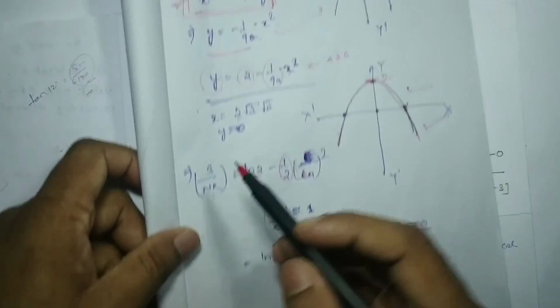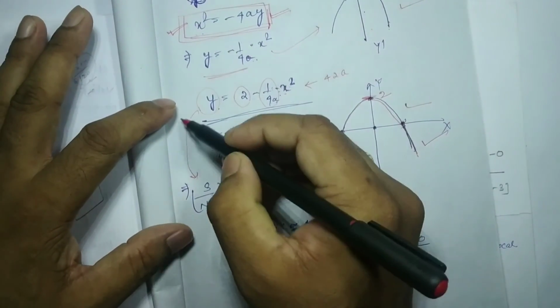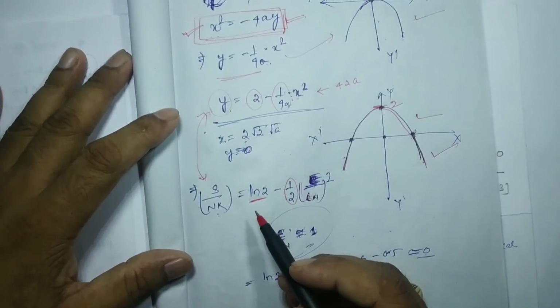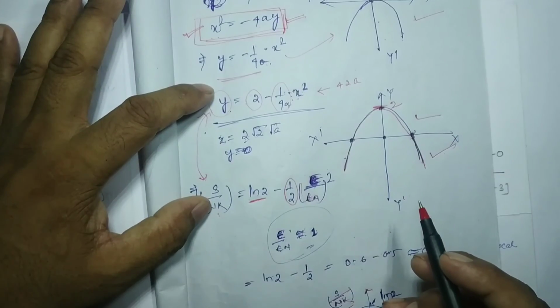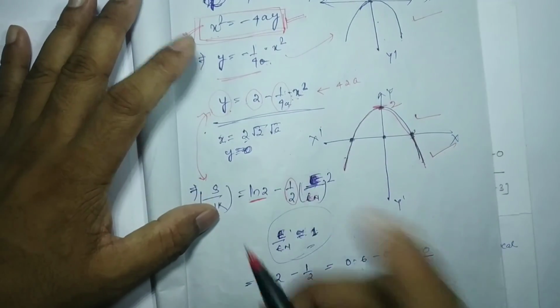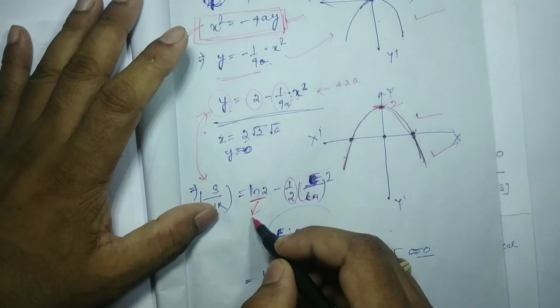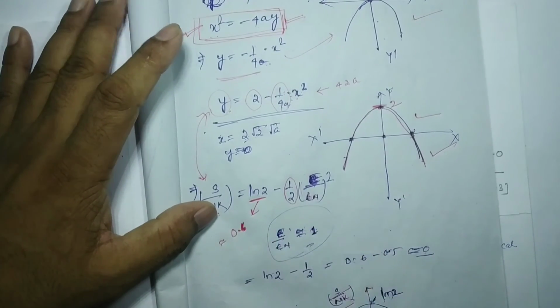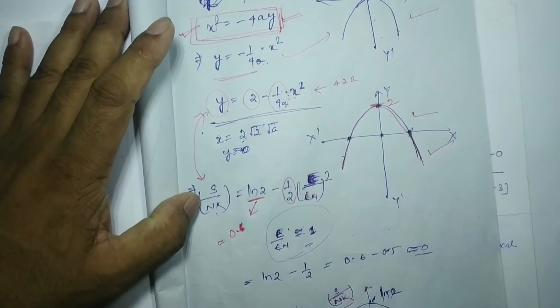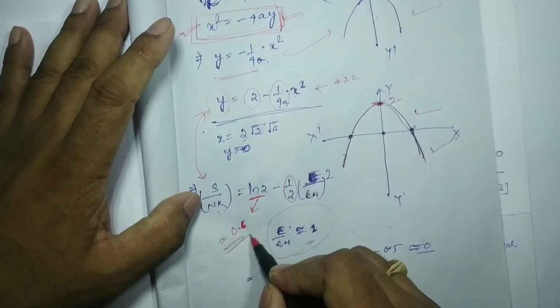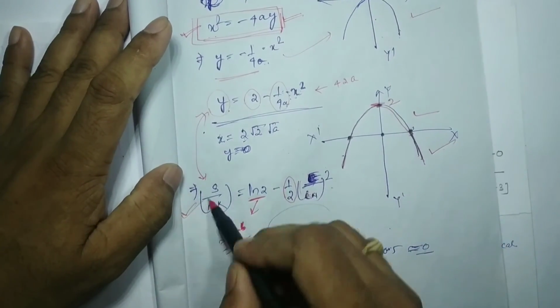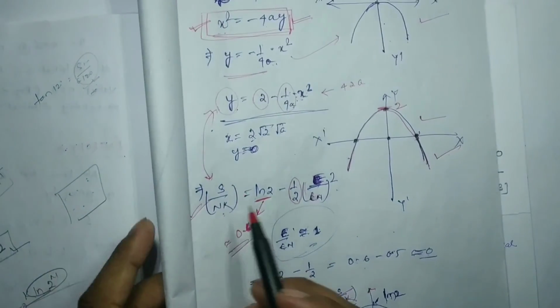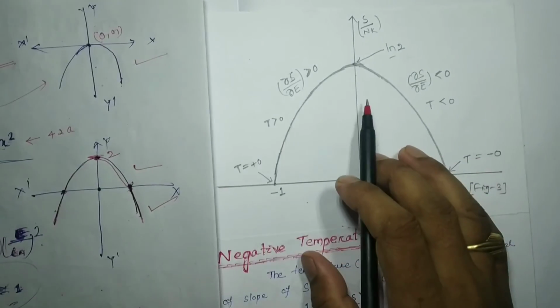So here you can see, just compare this equation and this equation, both are the same, only the values have changed. And one thing you have to remember, log 2 value is approximately 0.6. Okay, so hence this equation will be a parabola like this one.